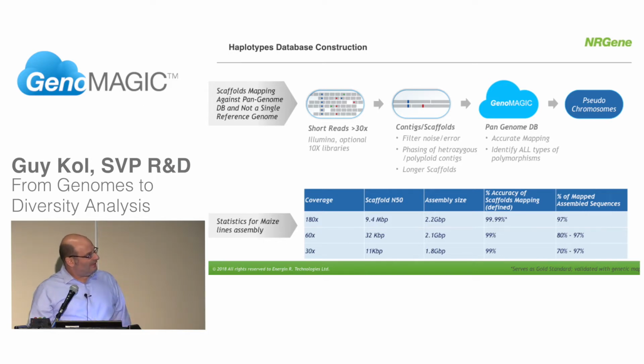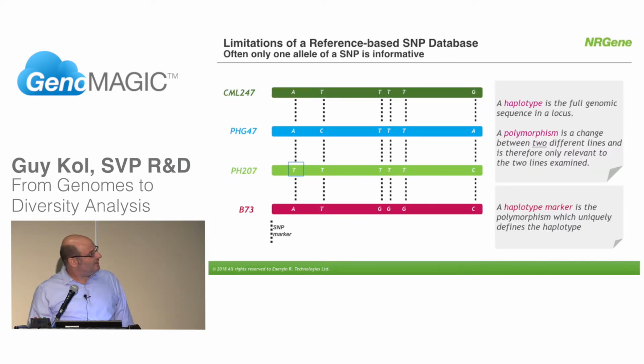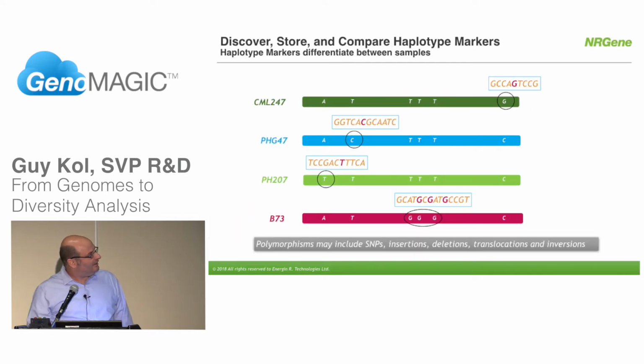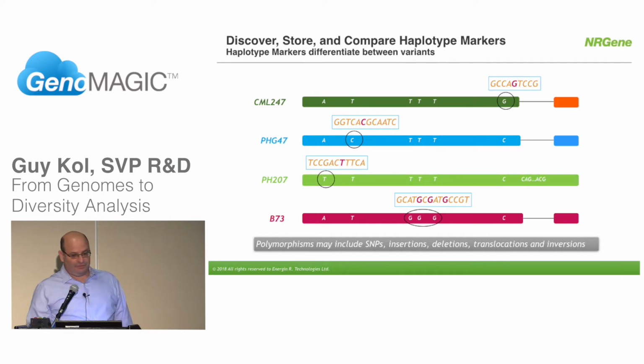We're dealing with long, phased, and clean contigs to align to a pan-genome, which capture a lot more of the diversity.